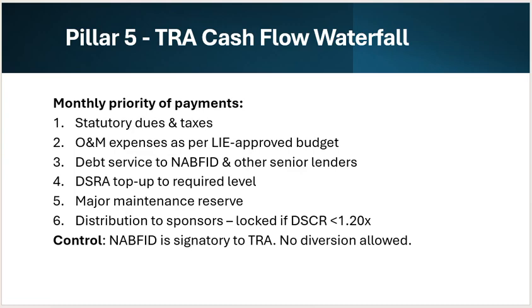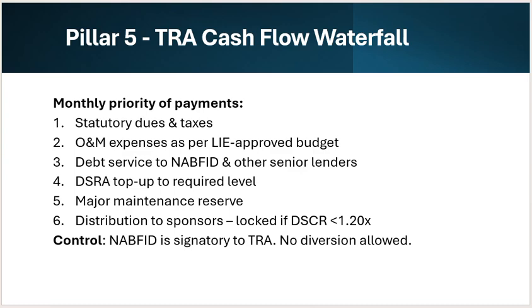This is the most important thing, guys, you should understand: the priority of payment. Firstly, there is always a conflict between whether the first payment goes to statutory dues and taxation, or to the operation and maintenance expense as per the budgets approved by the lender's independent engineer. The lender's independent engineer will approve the budget for each project milestone, and accordingly we do that. Some consider operation and maintenance first, because if there is no cost for operation and maintenance, how can we run the business? So that's the thing there.